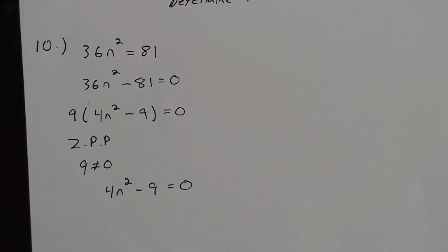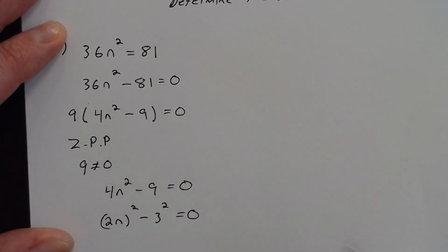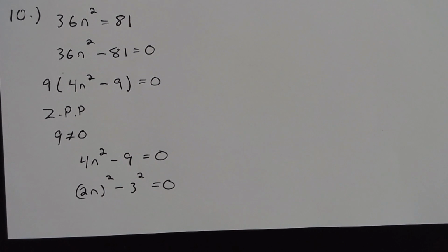And I want to do something, I want to use the difference of two squares. So how I want to write this is (2n) squared minus 3 squared is equal to 0.